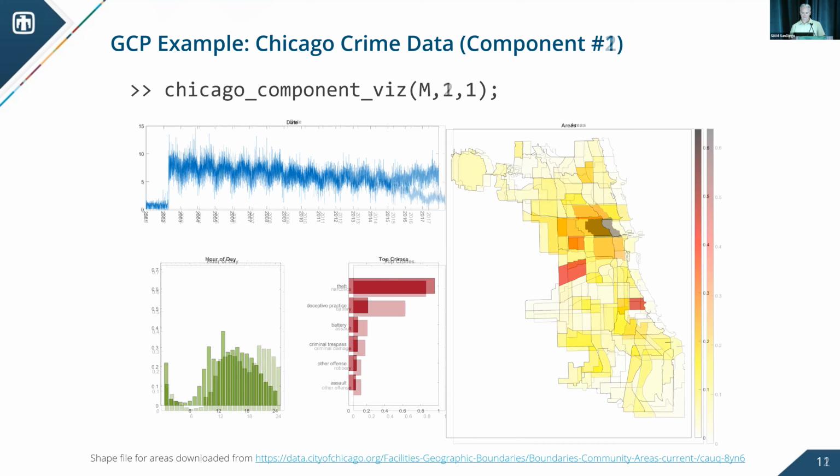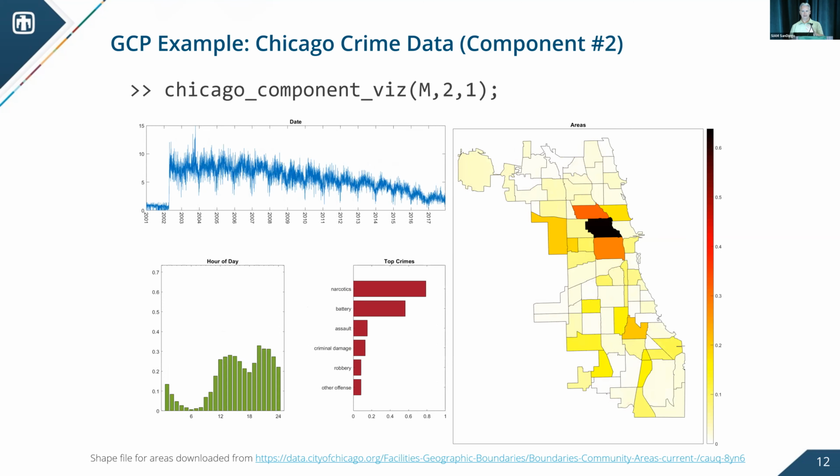If we look at 1 versus 2, you can see that it's different parts of Chicago, different neighborhoods, that have high concentration of crimes at different times, different patterns in the day through hours, and then different times over the several years of data that has been collected. So this is a way that you can look at how it represents some meaning in your application as well.